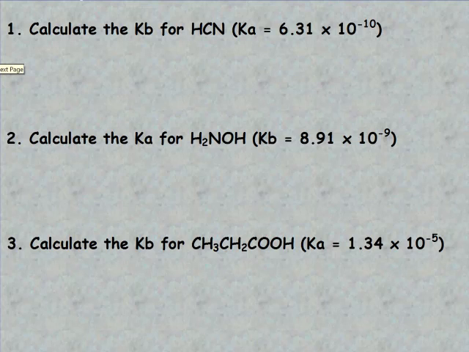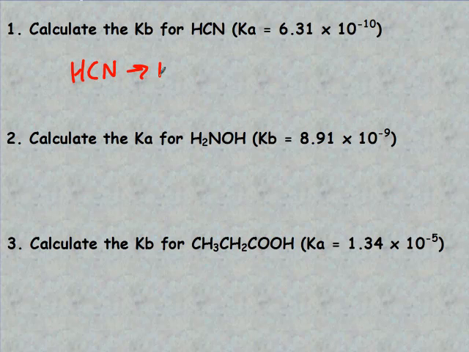So it says calculate the Kb for HCN. So HCN has a Ka value of 6.31 times 10 to the -10. When HCN breaks apart, it produces hydrogen and cyanide. This is an acid, which means this is a conjugate base.